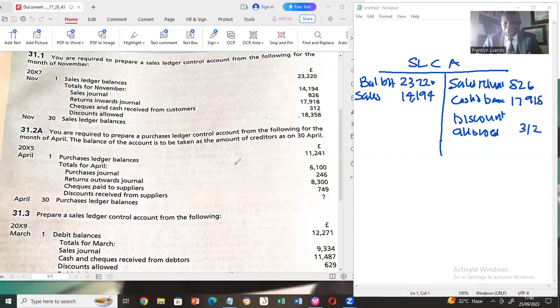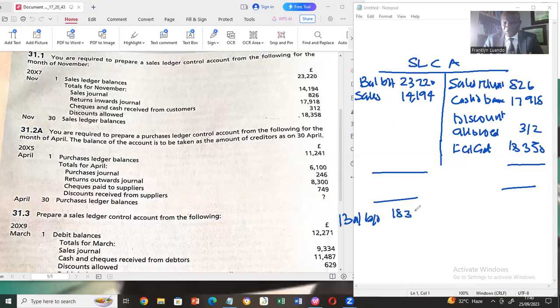And at the end of the year, the balance is given. The balance carried down, 18,358. Then you bring it back, brought down, 18,358.